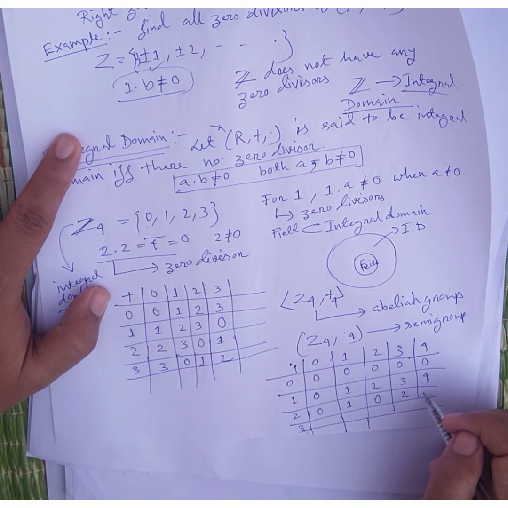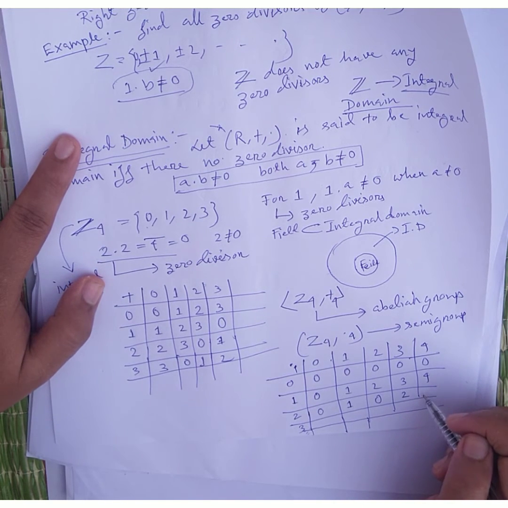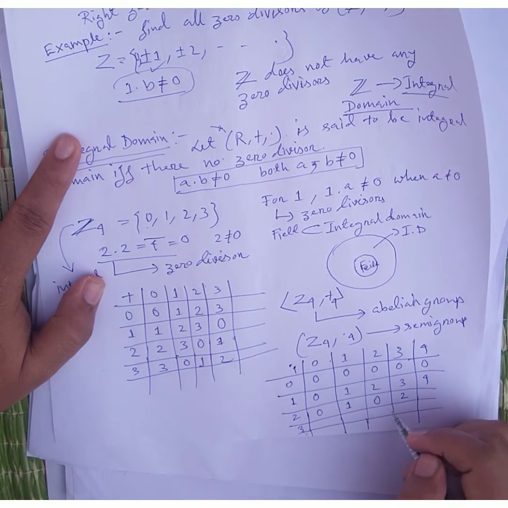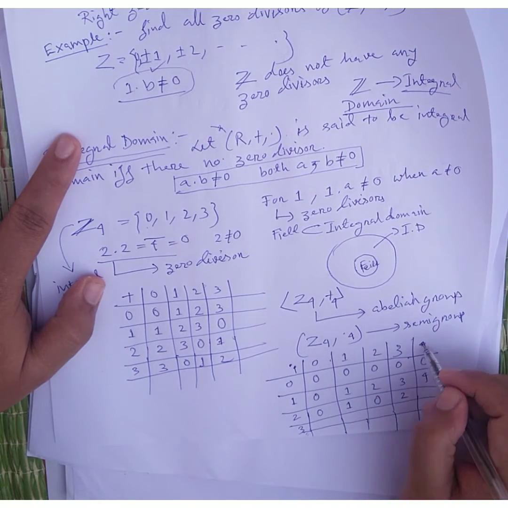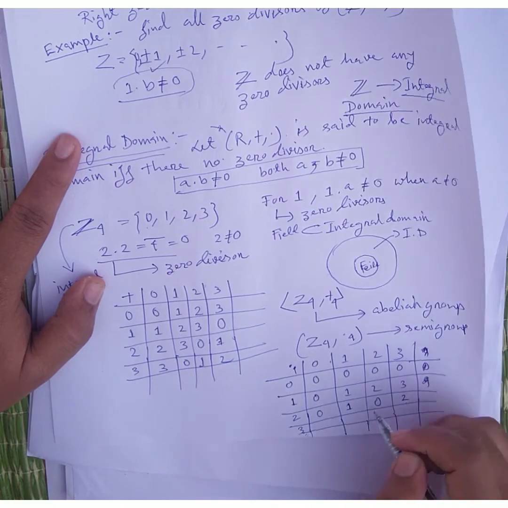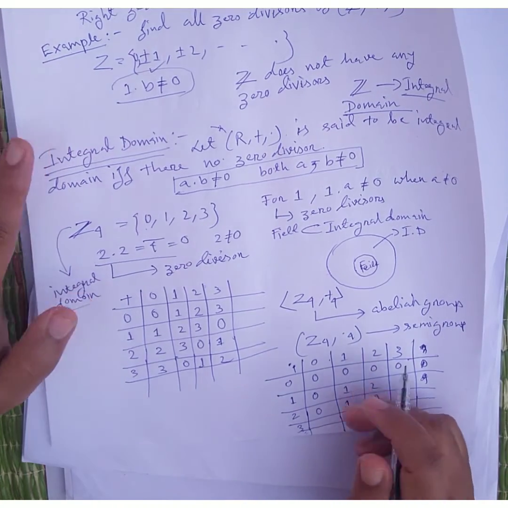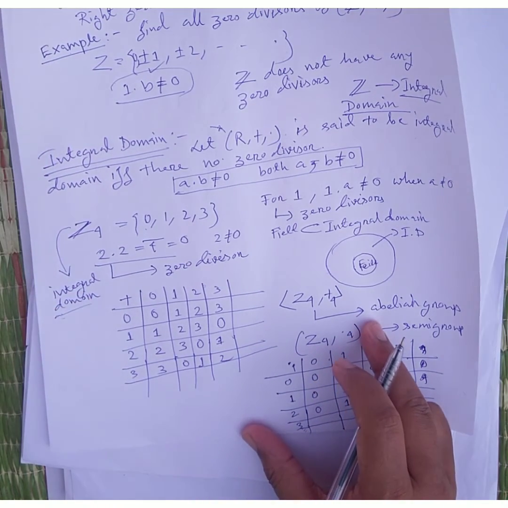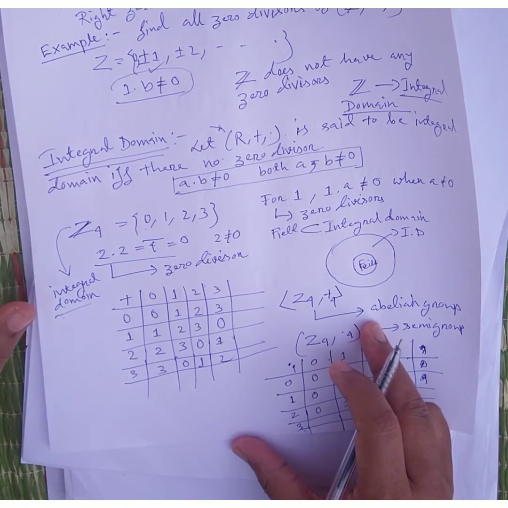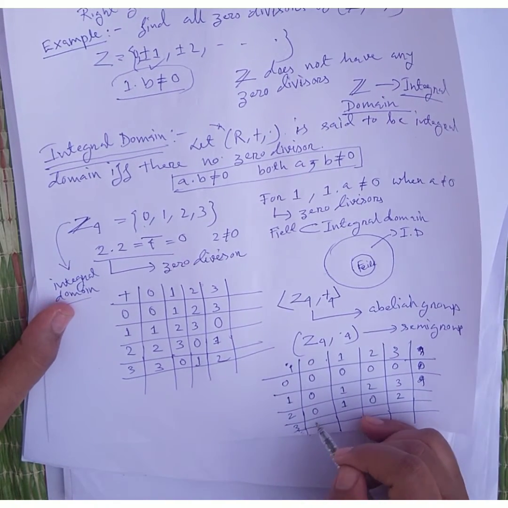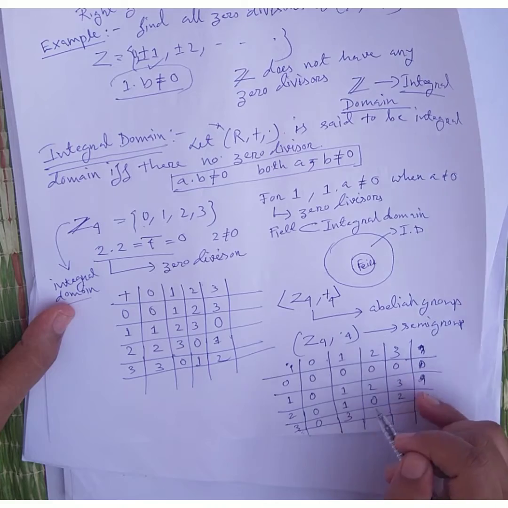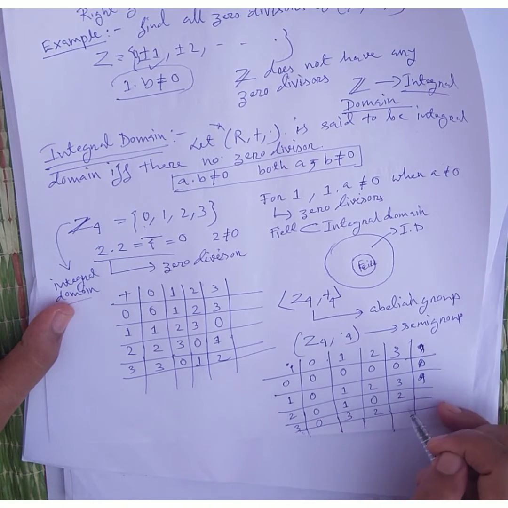And 4 is not included, so whatever I get, 0 in the case of 2. And 3 into 0 means 0, and 3 into 3 is 1.